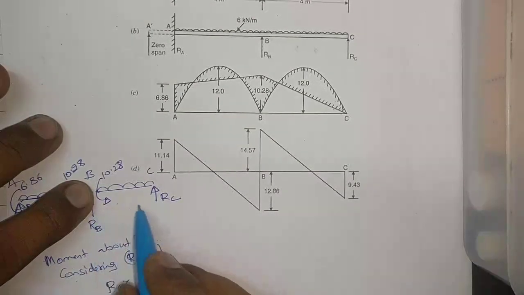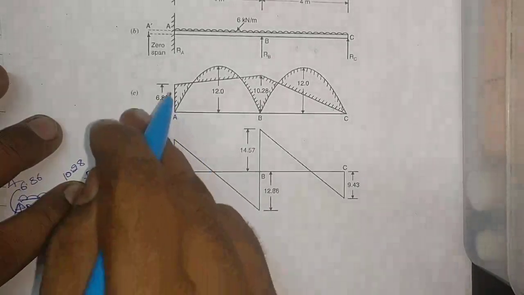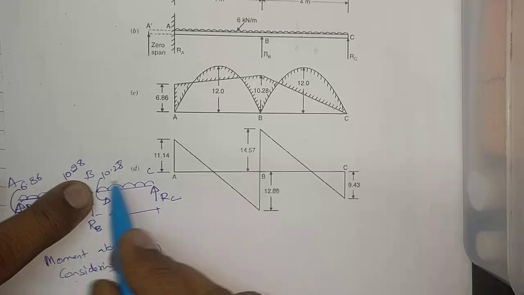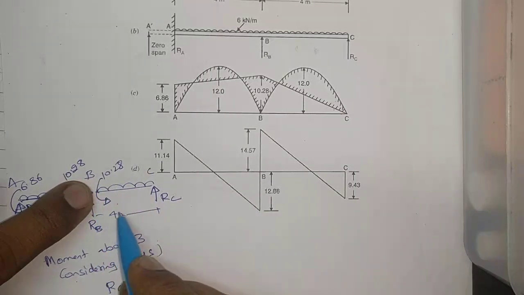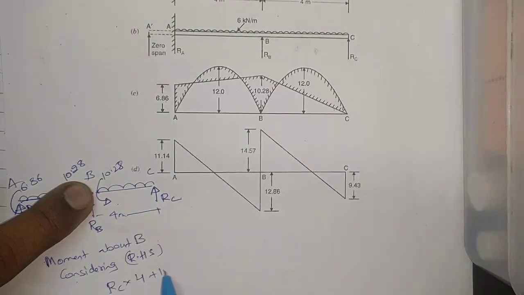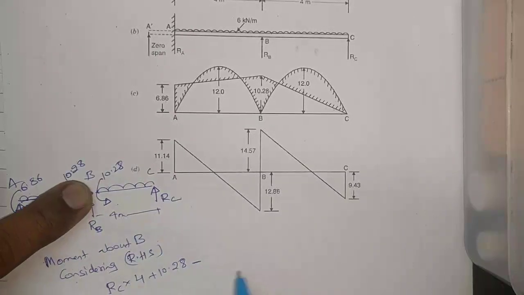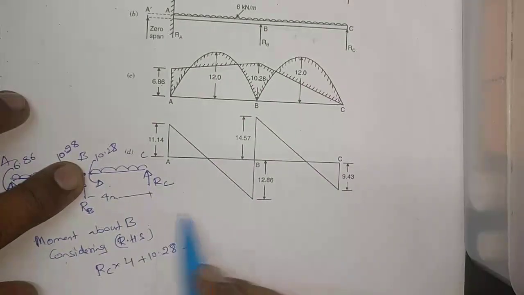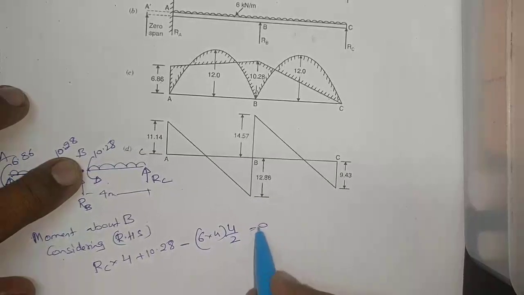RC into this L is 4 meters. This is anti-clockwise. This is also anti-clockwise. So plus 10.28, and this force is again clockwise. So I'll take minus. What is the force? UDL is 6 kilonewtons. 6 into 4 is the total load, then 4 by 2 is equal to 0.